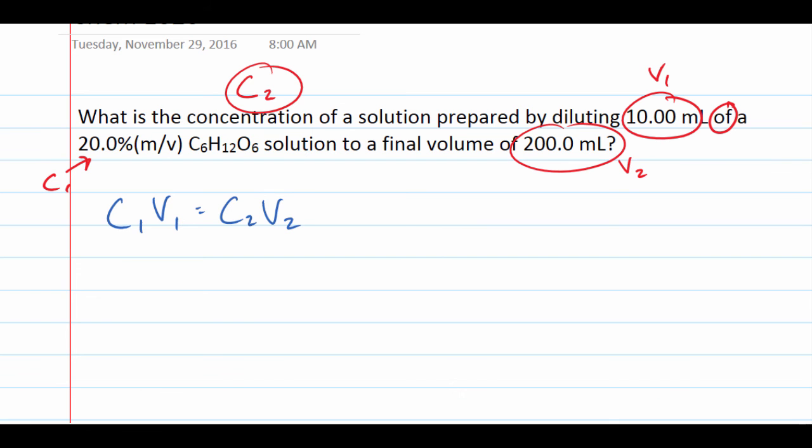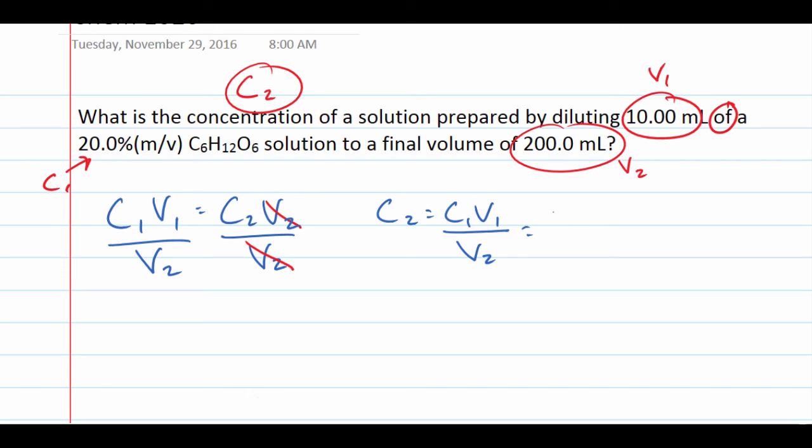So we're going to solve this one for C2. That means we take each side and divide it by V2. V2 cancels out. Tells us that C2 is equal to C1 times V1 all over V2. And then we substitute in our values.